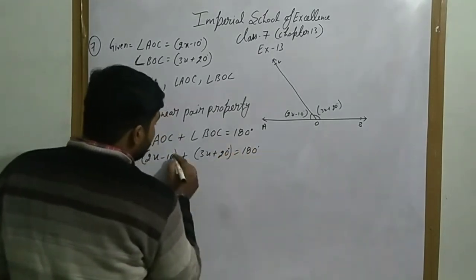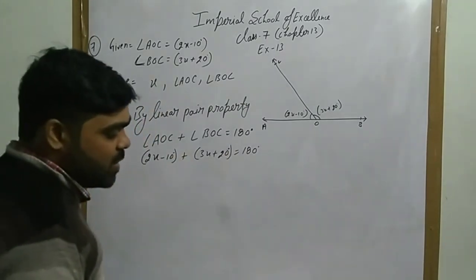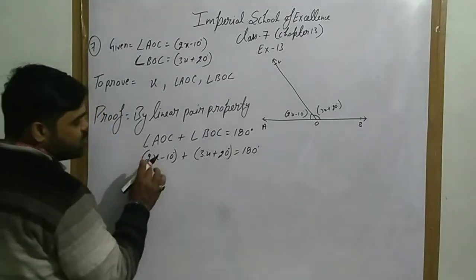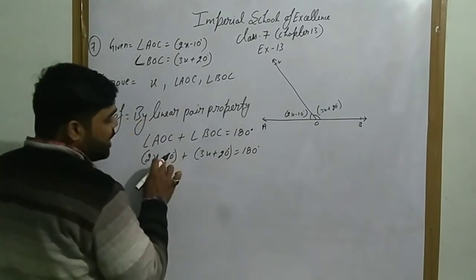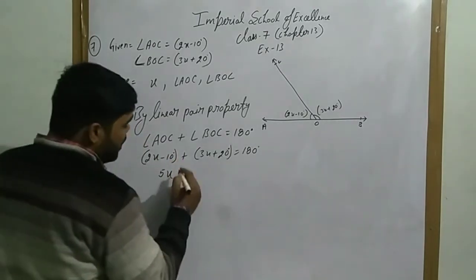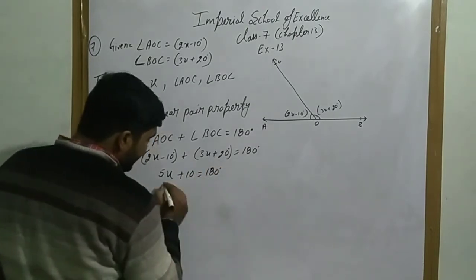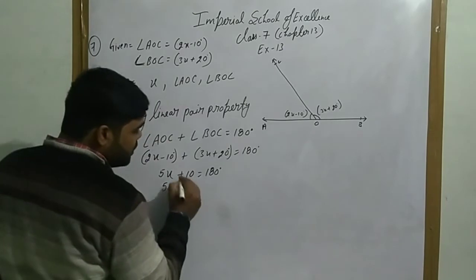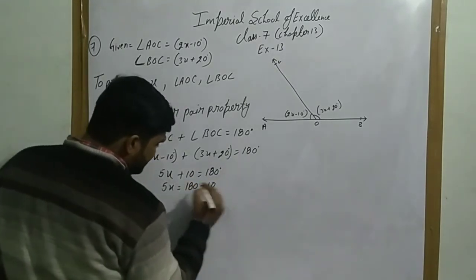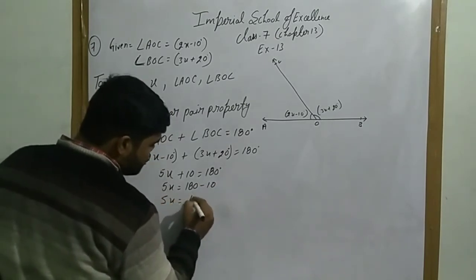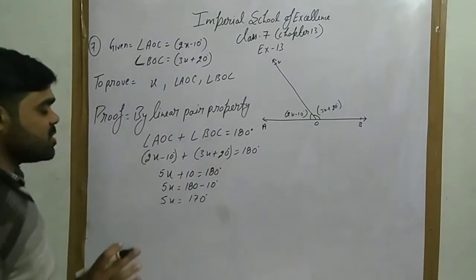Now you can add: 2x and 3x will be 5x. After that minus 10 and plus 20 will be plus 10 equals 180 degree. Then 5x equals 180 minus 10. 5x equals 170 degree.